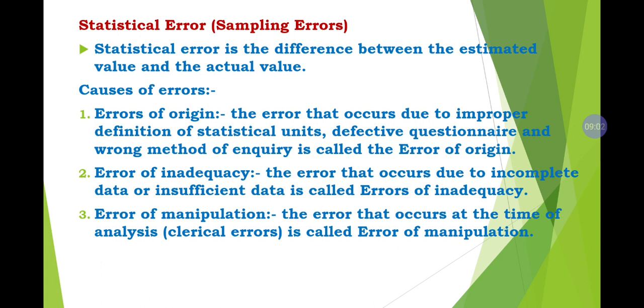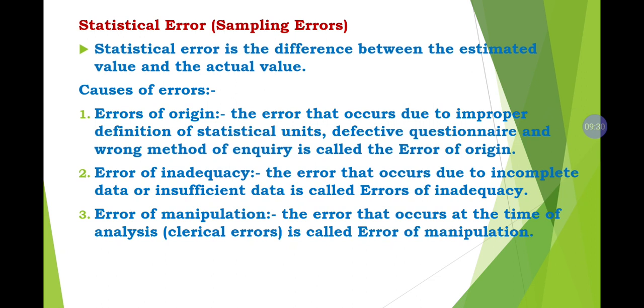Then the causes of error: error of origin, then error of inadequacy, then error of manipulation. First, error of origin. The error that occurs due to improper definition of statistical unit, deficient questionnaires and wrong method of inquiry is called error of origin.